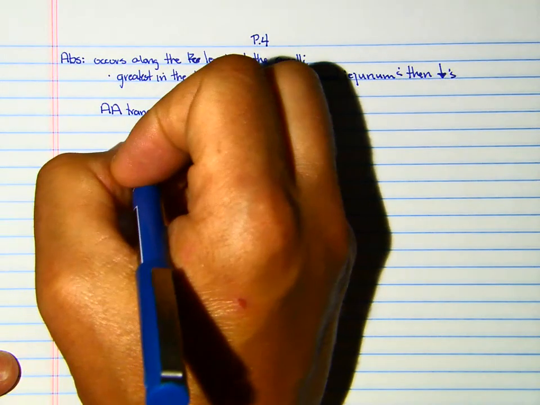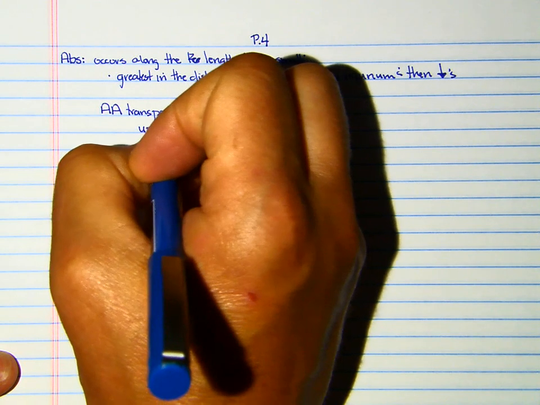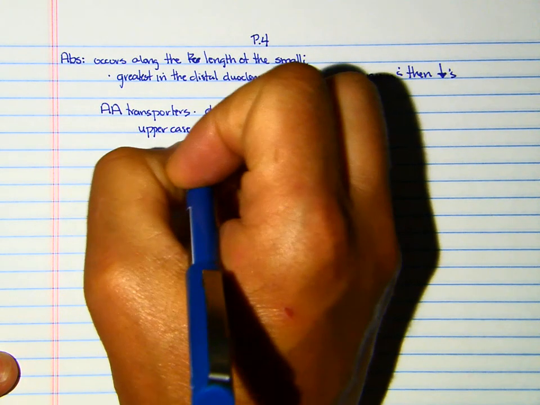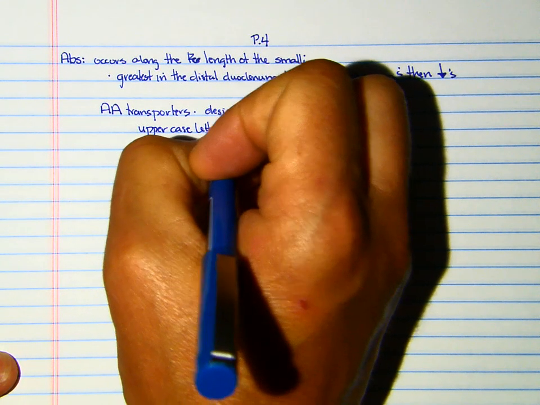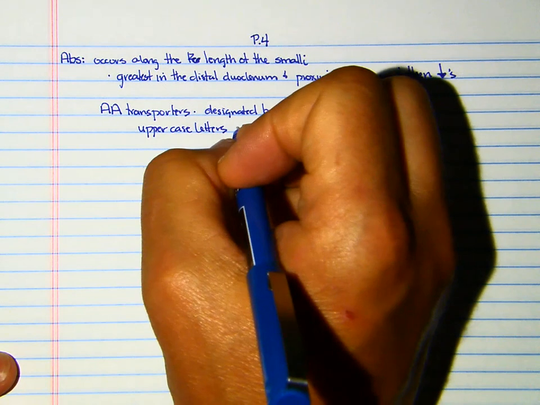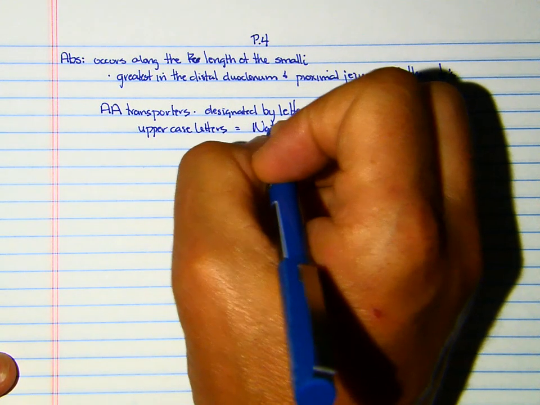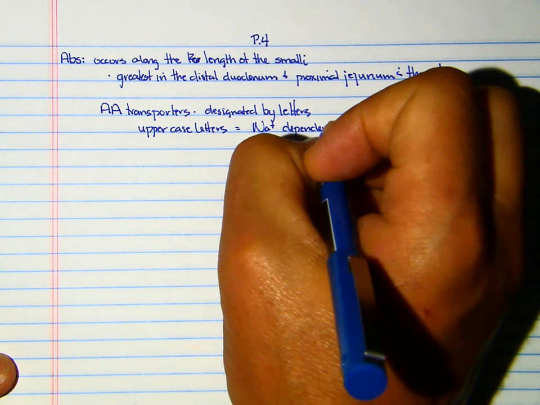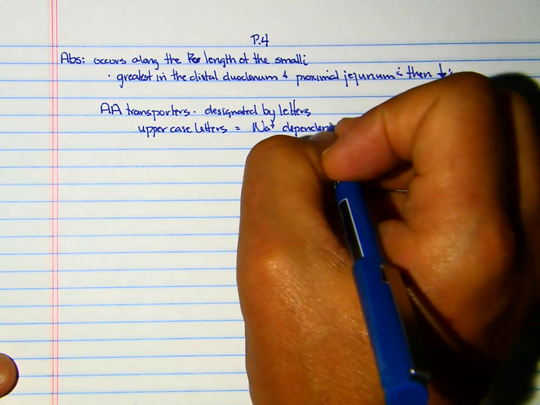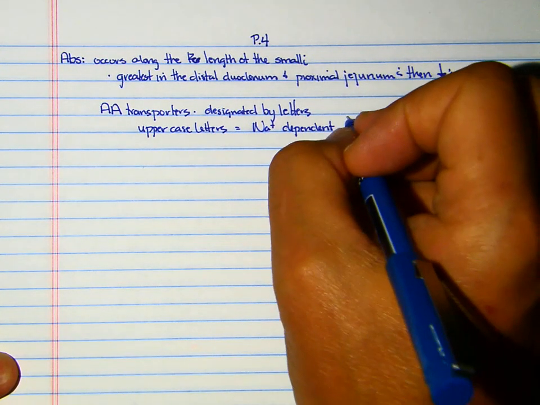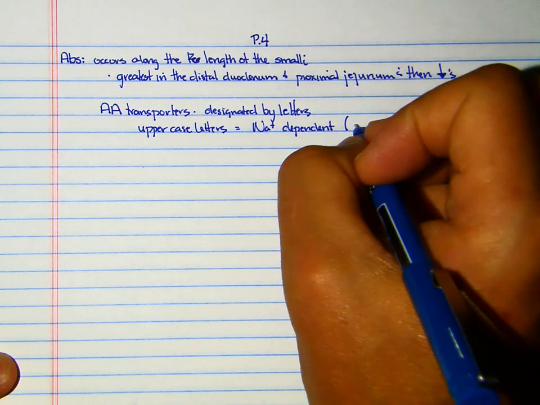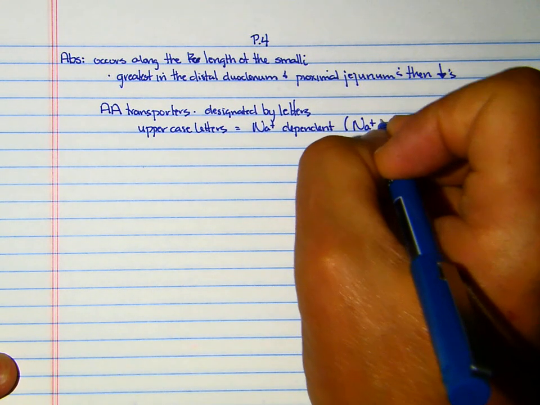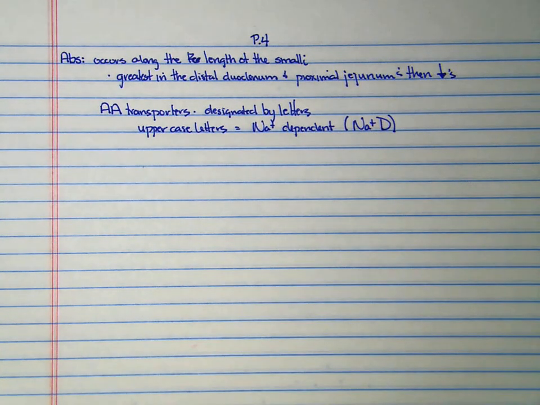Uppercase letters mean they're sodium dependent, and we're going to recognize these as Na+D with a capital D, meaning they're sodium dependent.